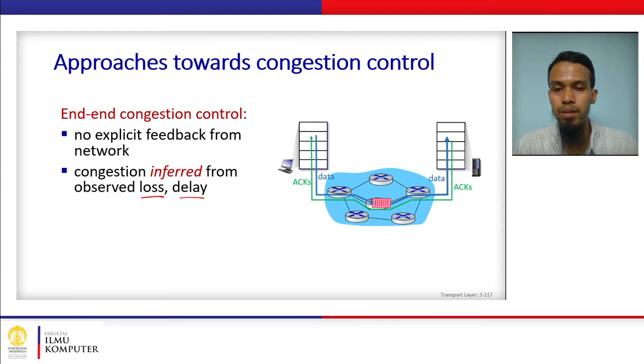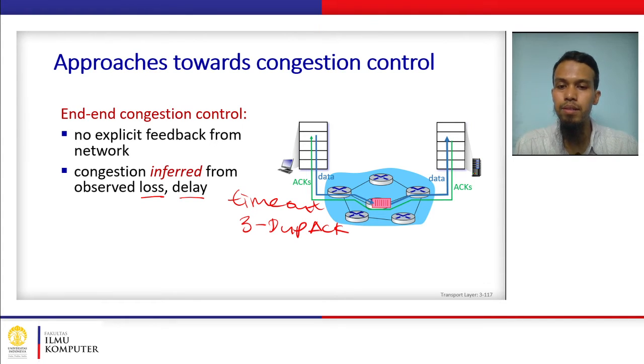The first one is from the timeout. The second one is from the triple duplicate ACK. So these are the two important pieces of information that TCP uses to infer that there is congestion in the network.